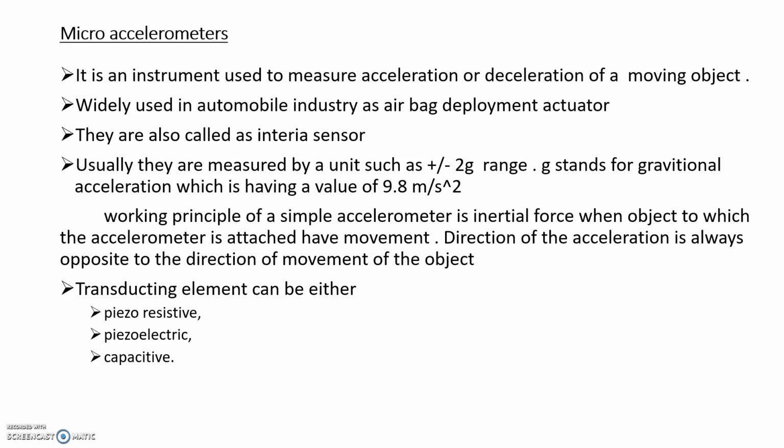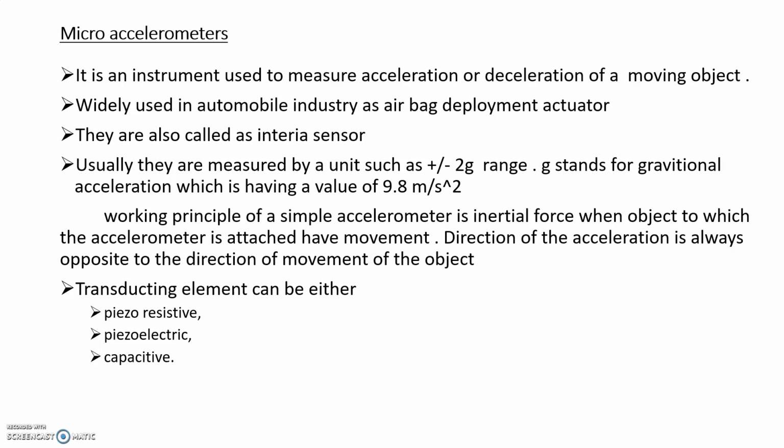When the body or the object moves, it will cause some arrangement inside the accelerometer to have a movement opposite to the direction of the applied movement. By measuring the force present inside the accelerometer, we are able to detect the acceleration for the given moving object.